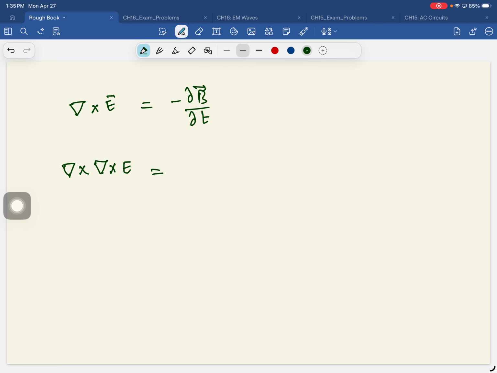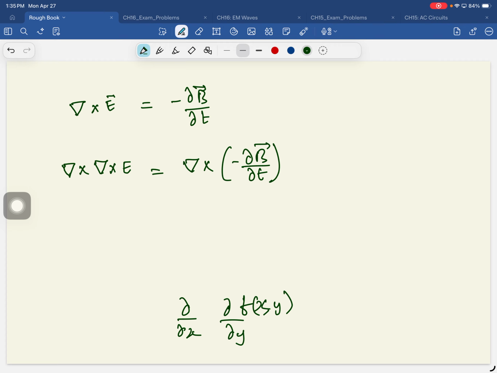Of course, we cancel out the minus signs, so we'll just write it like so: del square E equal to epsilon naught mu naught del square E by del t squared. It turns out that epsilon naught mu naught has dimensions of 1 over velocity squared, and we'll call it 1 over v squared for now.